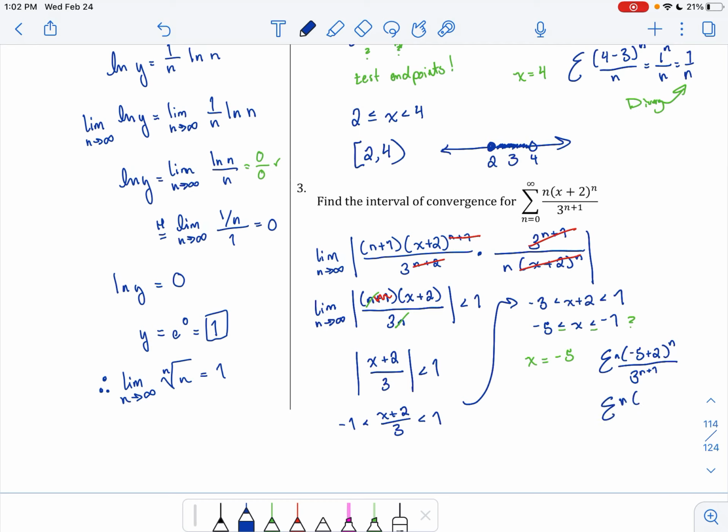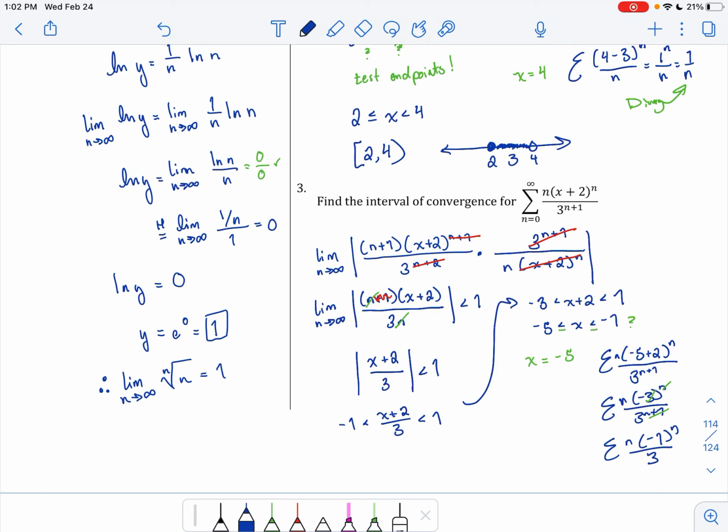That'll be n times negative 3 to the n over 3 to the n plus 1. That means the 3's will cancel out, leaving behind n times negative 1 to the n over 3.